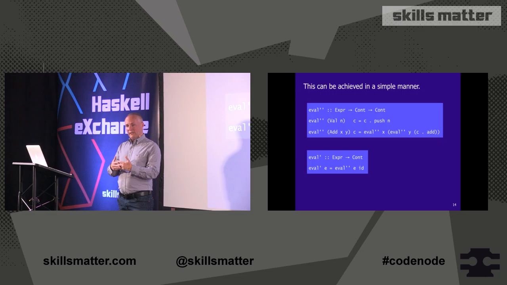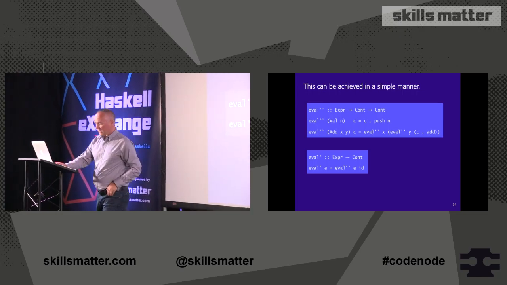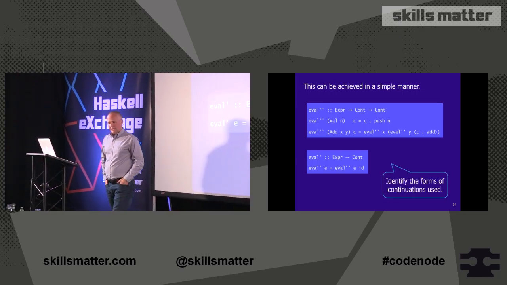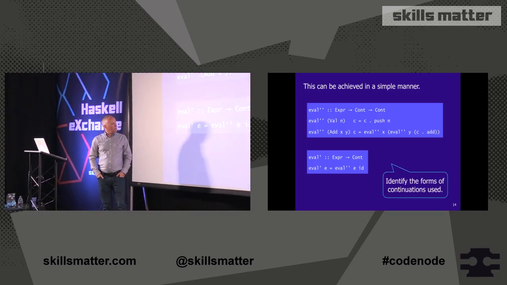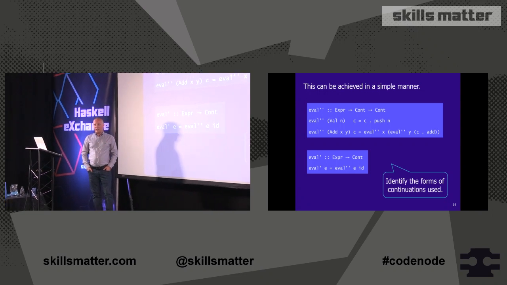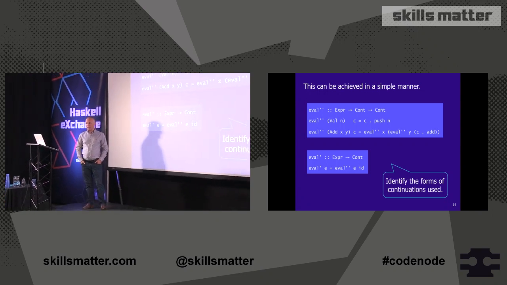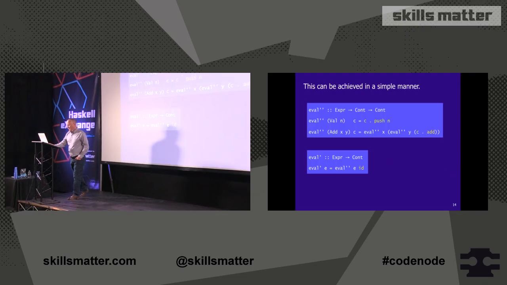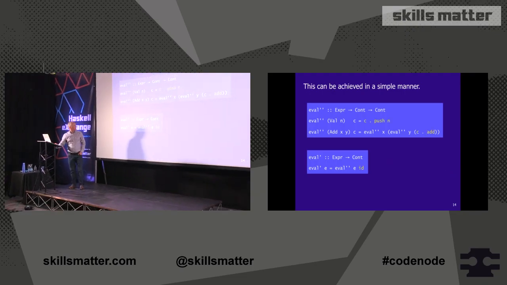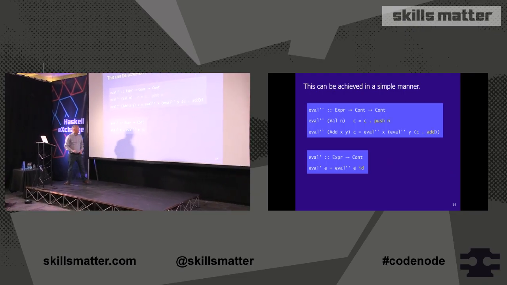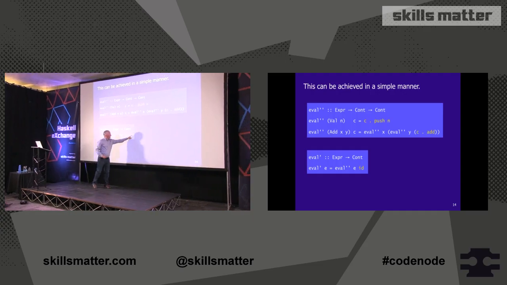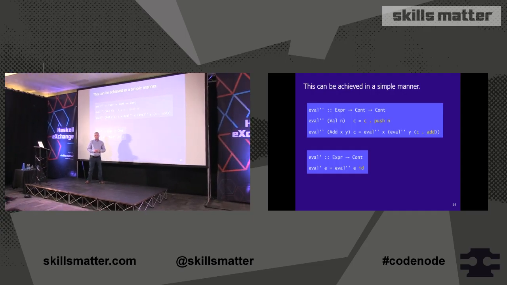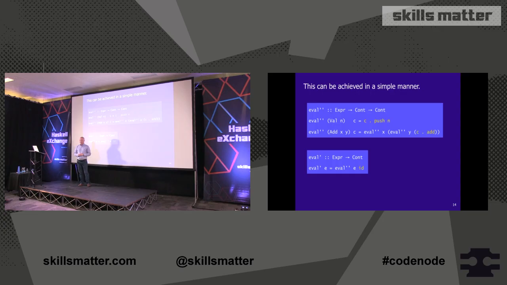Because what I'm trying to do here is spot the forms of continuations that I need and then represent them using a data type. So the next step then is let me identify the forms of continuations that I actually use. Well, I actually only use 3 of them. So let me color these in yellow. Actually, it does show up on this projector. So I use the identity continuation to get things started, or actually it's really to halt things in the end.